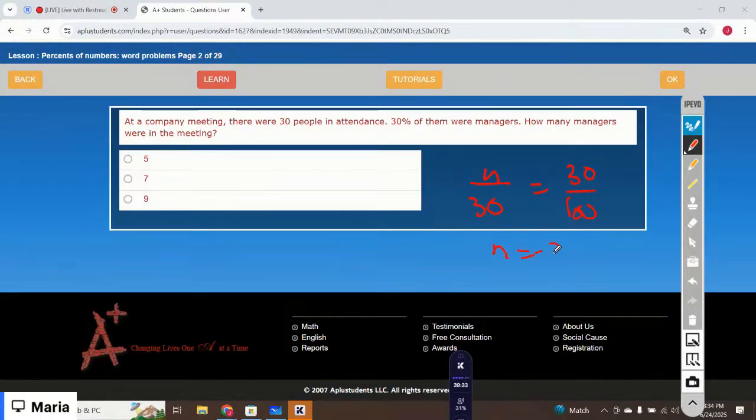So n equals 30 times 30 divided by 100. So n equals 9, the number of managers in the meeting.